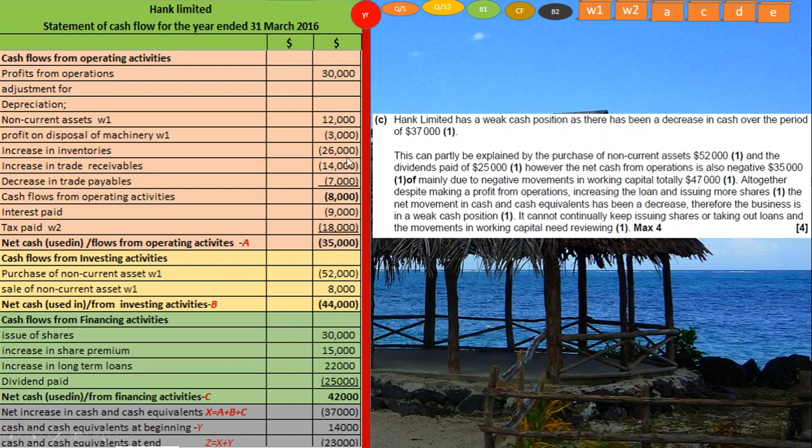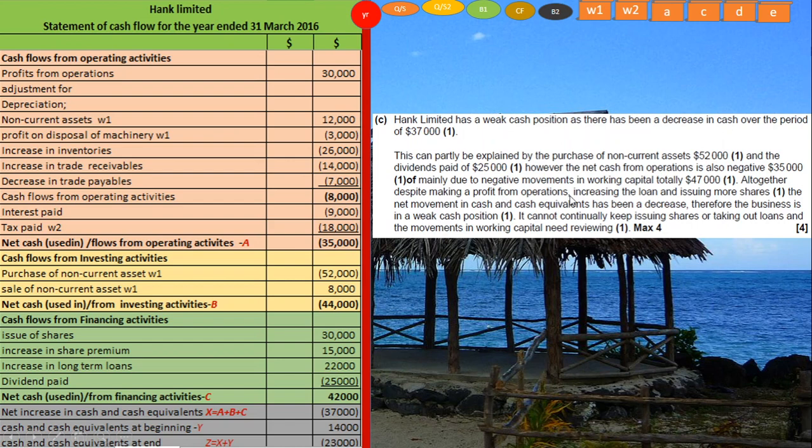These are part of your working capital. So due to improper management of working capital worth 47,000, there's a negative cash flow from operation. So the main reason for the negative cash from operation is mismanagement of your working capital. That's what it's trying to say.